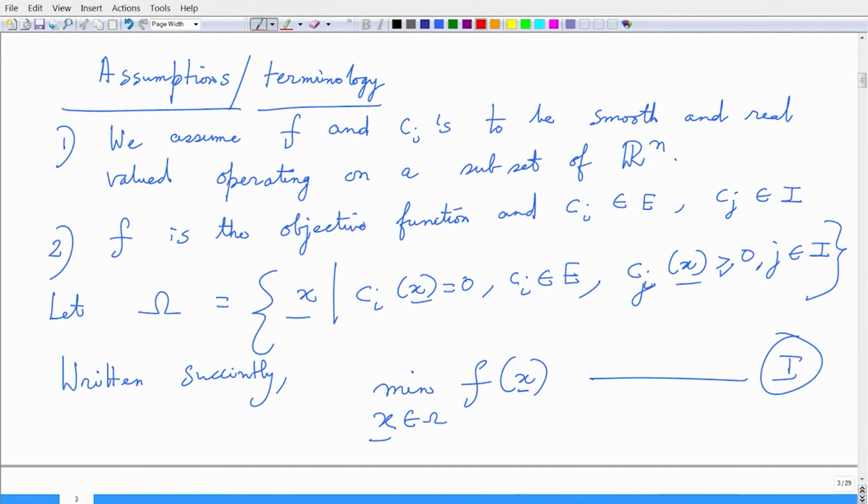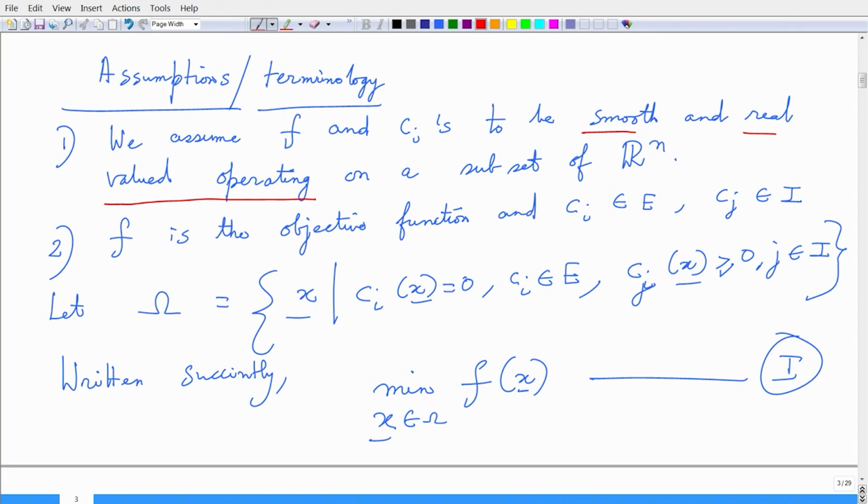Before we begin with the details, let us formulate certain assumptions or terminology. We assume that f and the Ci's are smooth and real valued, operating on a subset of vectors in an n-dimensional real space. Why do we want to bring in this smoothness constraint?